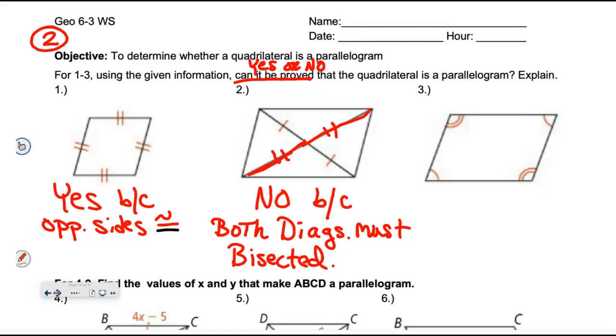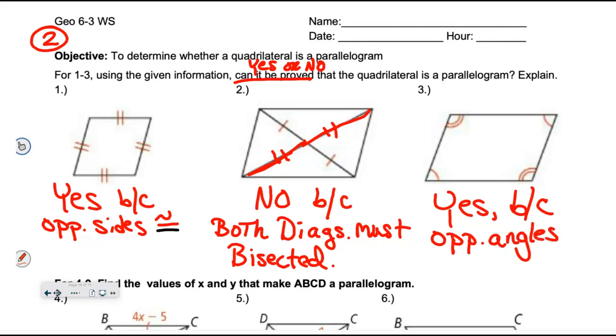Angles. There's 2 things about angles. Did this meet one of the angle criteria? Yes, awesome. But that could be a 50-50 yes, or it will be because. Which one did it meet? Opposite. And it's both pairs of opposite angles. But we can write yes, opposite angles. And what is it about them? Congruent.